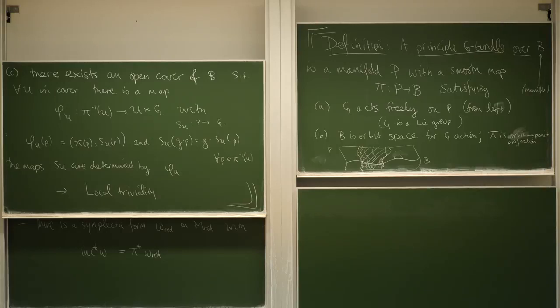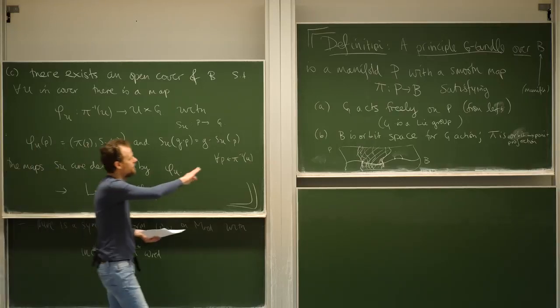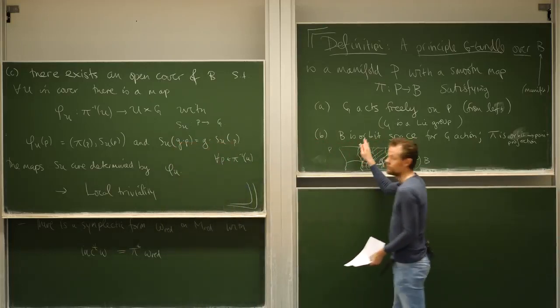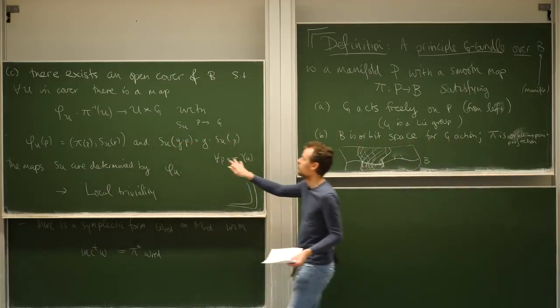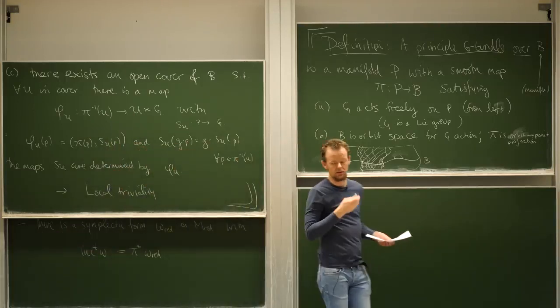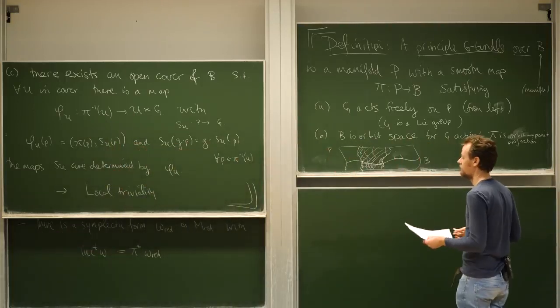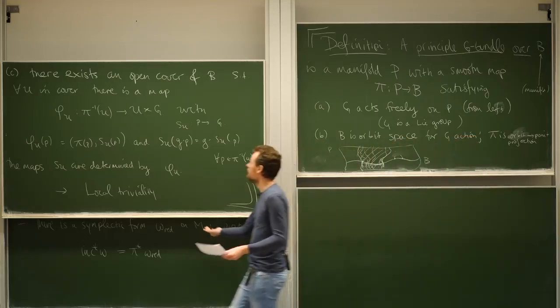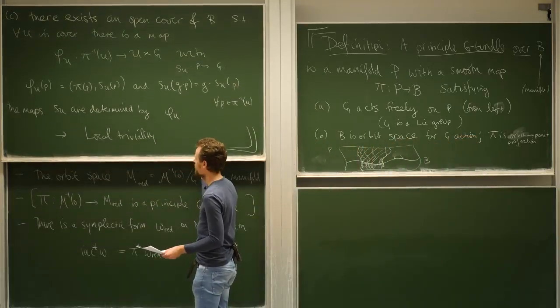So returning to this Marsden-Weinstein-Meyer theorem, we see that the reduced space has this very particular property that it's the orbit space for the group action, and furthermore, around open sets, it's locally trivial, which is a fairly striking statement here.